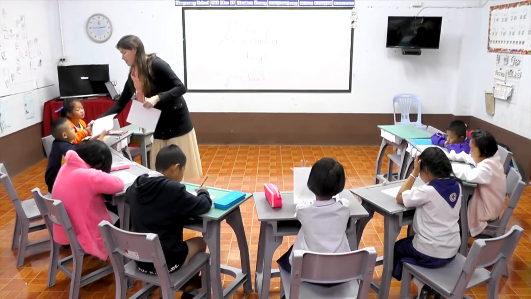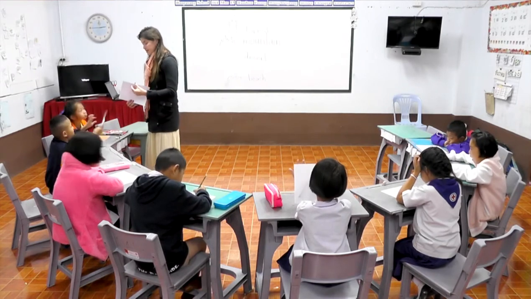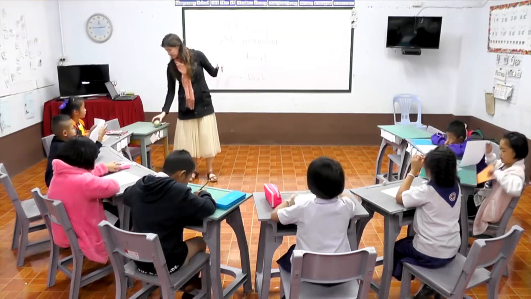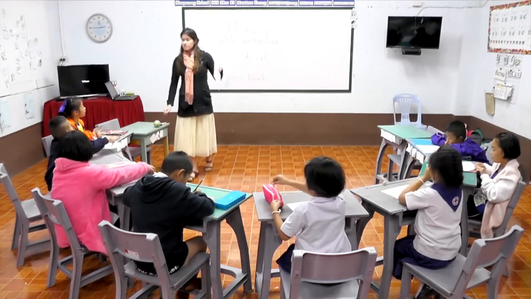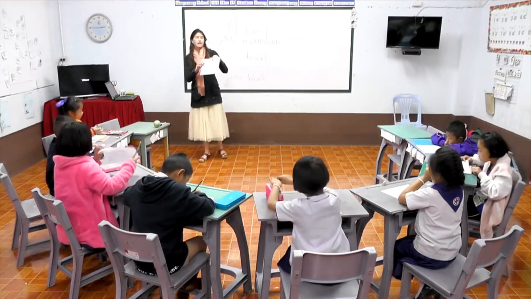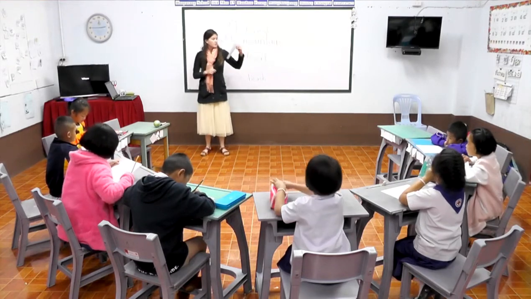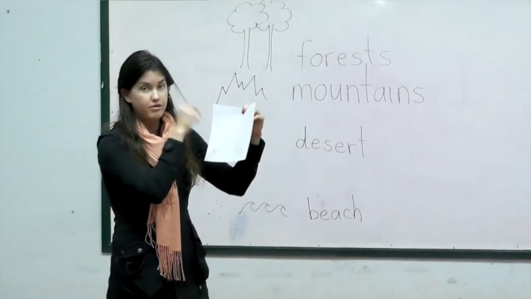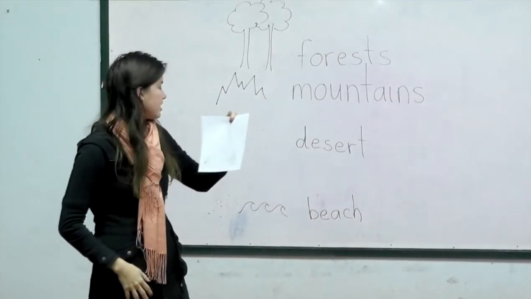First we're going to write, and then we're going to color. I'm going to help you out, friends, so follow along with me. So first write. Get your pencil ready.